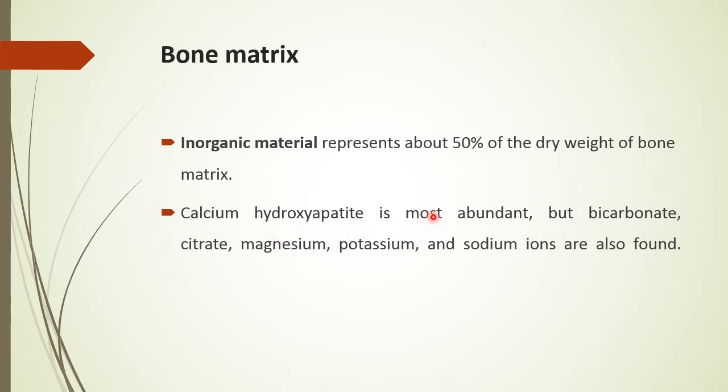Calcium hydroxyapatite is the most abundant, but bicarbonate, citrate, magnesium, potassium and sodium ions are also found. The most abundant is calcium hydroxyapatite, which, as we said in the previous slide, is dissolved by the acidic environment in the microenvironment between the osteoclast and the bone matrix.